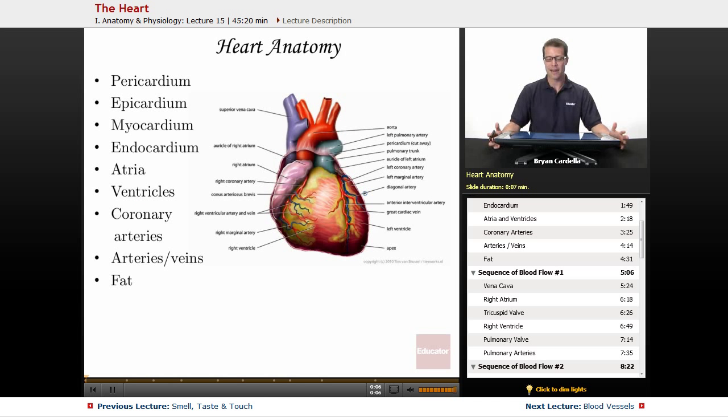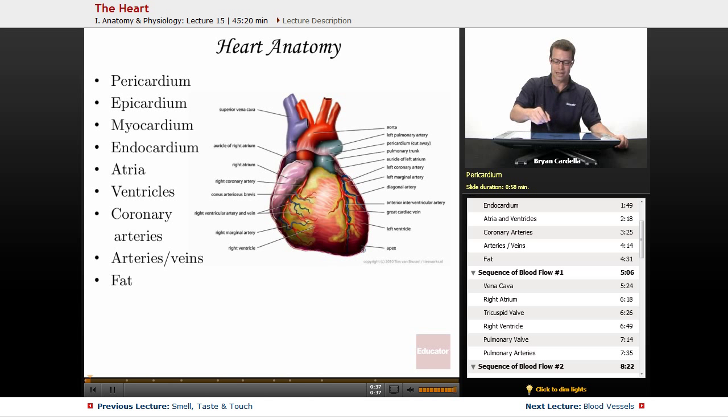When we look at the anatomy of the heart, there are several layers that we need to consider. The pericardium is technically not the heart itself, but what you can see here is it's kind of cut away. You see it says pericardium cut away, is this connective tissue sac that in a person's thoracic cavity, if you were to open them up, you would see almost looks like saran wrap, more opaque than that, but around the entire beating heart.